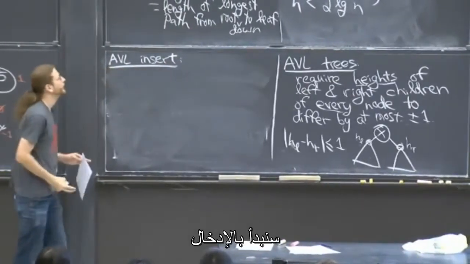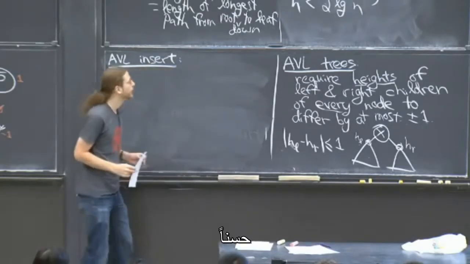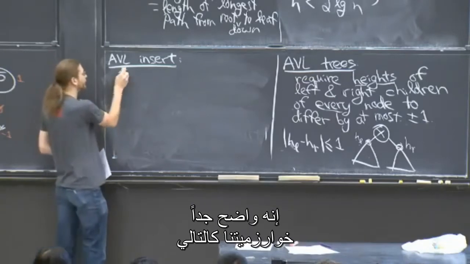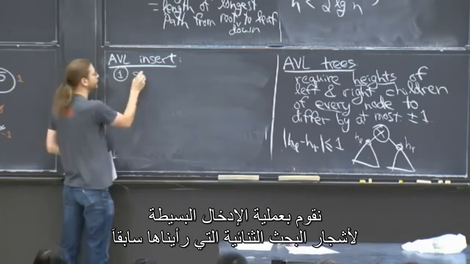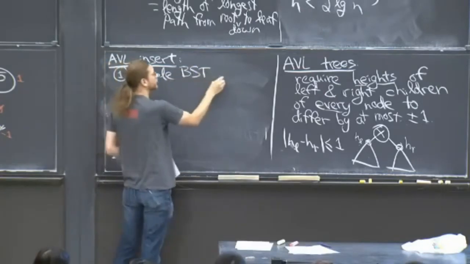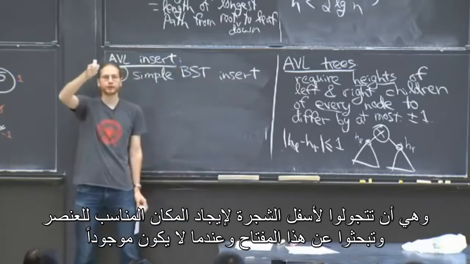Let's start with insert. Well, it's pretty straightforward. Our algorithm is as follows. We do the simple BST insertion, which we already saw, which is you walk down the tree to find where that key fits.